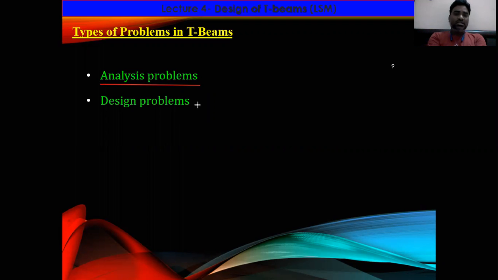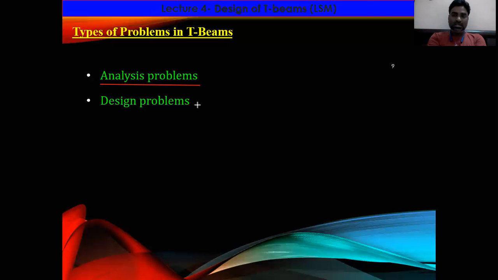And another one is design problem. That means we need to design the beam. So design means you need to start from the starting, that means assuming the dimensions of the section and effective span calculations. Then check for depth.